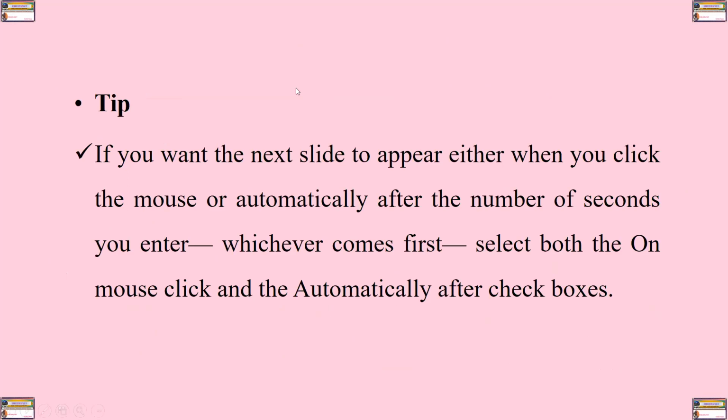Tip: if you want the next slide to appear either when you click the mouse or automatically after the number of seconds you enter, whichever comes first, select both the on mouse click and the automatically after checkboxes.